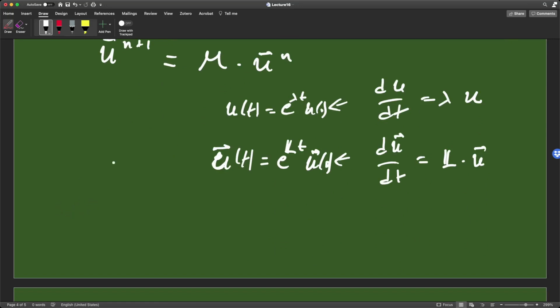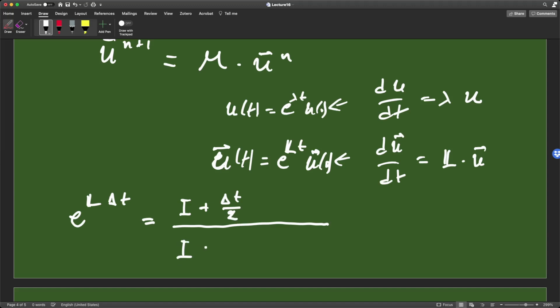As we discussed then, one can calculate the Padé approximant of this exponential. So you can use the command Padé approximant in Mathematica to confirm that e to the L delta t is unit matrix plus delta t over 2, and then unit matrix minus delta t over 2.